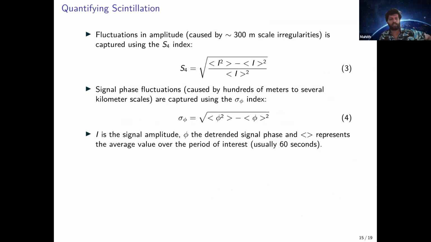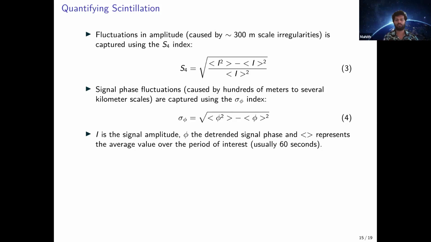Now, what we are mostly interested in is not the spectra, but the scintillation indices, because you need to have some, just like geophysical indices like Dst and Kp. We have made scintillation indices that can capture the effects of the irregularities on the ionosphere or on the GNSS. So we have two indices, S4 and sigma phi.